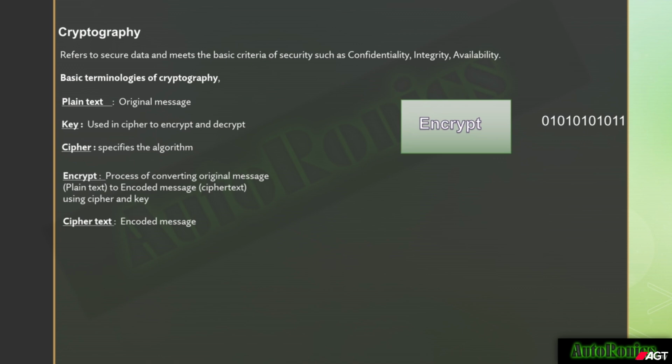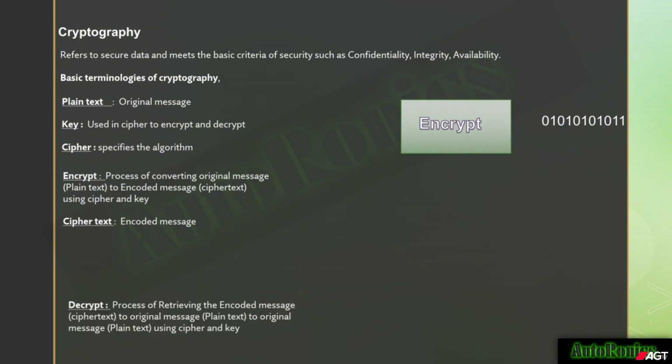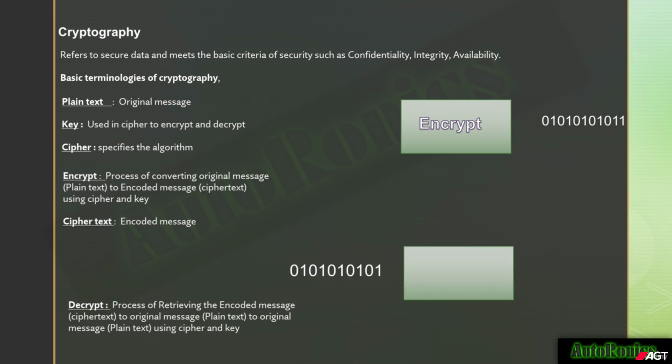Let's assume that the message sent from the sender has been received by the receiver. Now the receiver wants to get the original data. So the receiver uses the same cipher and the key which the sender used to decrypt the data and gets the original message, which is ABCDE.